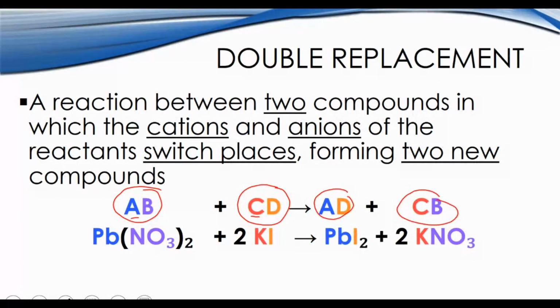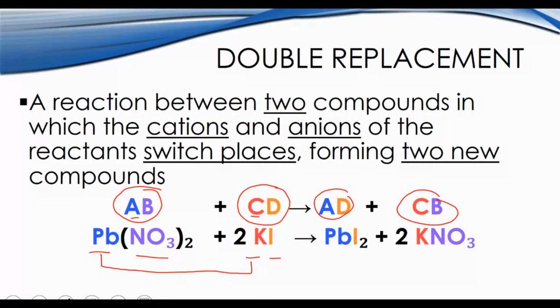Now, if we put that into actual compounds, not just A, B, C, we will have lead and nitrate forming a reaction with potassium and iodine. So what I'm talking about here when I say that we're switching, we're taking the lead and we're taking the potassium and we're changing them in place.